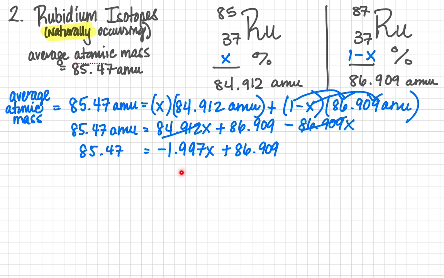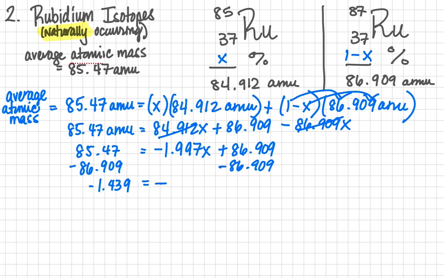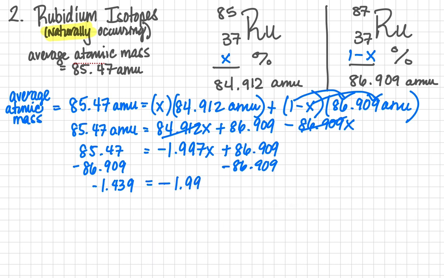To isolate this, I'm going to subtract this because it's being added. And I'm going to subtract it on both sides. So minus 86.909, minus 86.909. I get negative 1.439. 1.997x is brought down. This is being multiplied by negative 1.